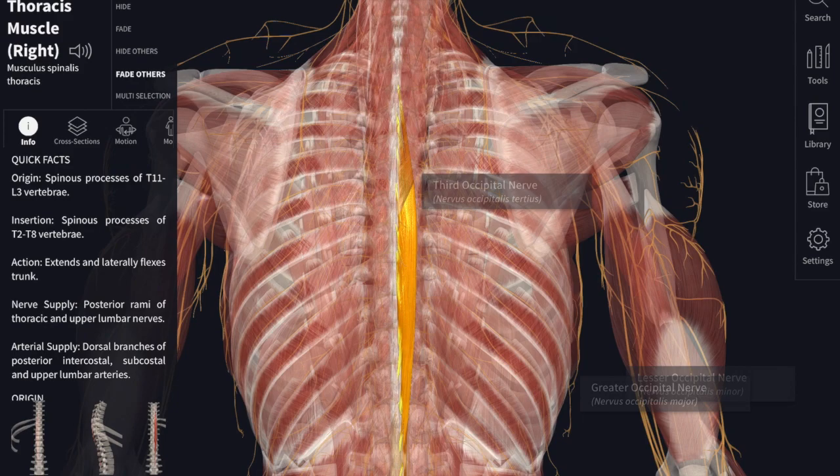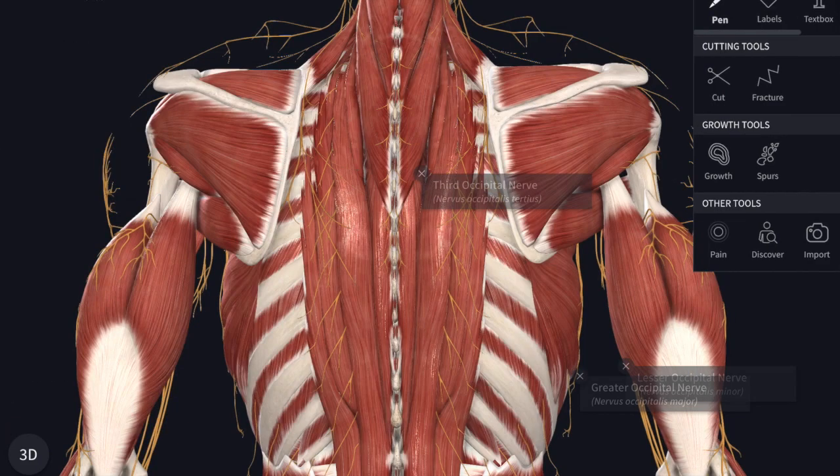Let me get out my pen tool, and then you can notice that these fibers run in between. If this is the spine I'm drawing, it starts out here and then goes back in. They turn in and run medially, towards the spine or close to it.